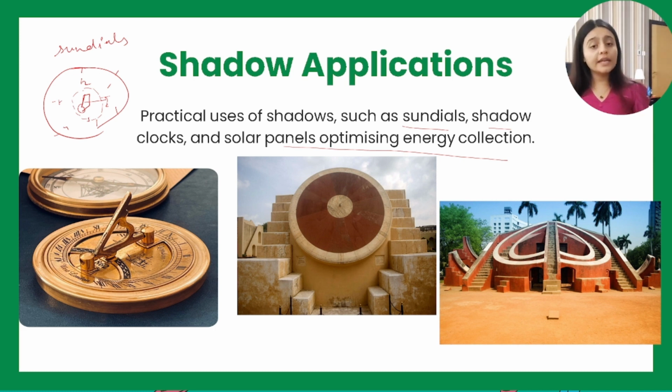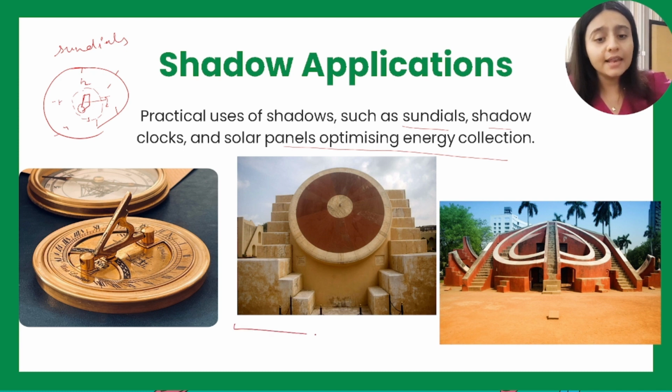So in India, Maharaja Jai Singh from Jaipur took an initiative to build a sundial. One is in Jaipur and one is in New Delhi. This particular sundial is a kind of exhibition, and it's a place where people used to go.